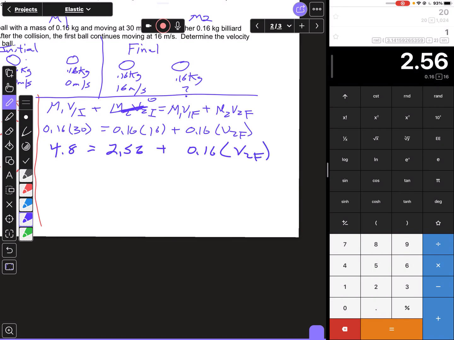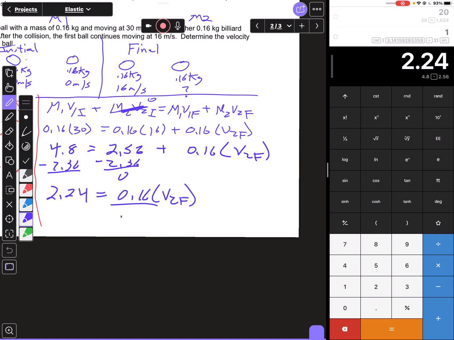Now I subtract both sides by 2.56. 4.8 minus 2.56 equals 2.24 equals 0.16 times V2F.